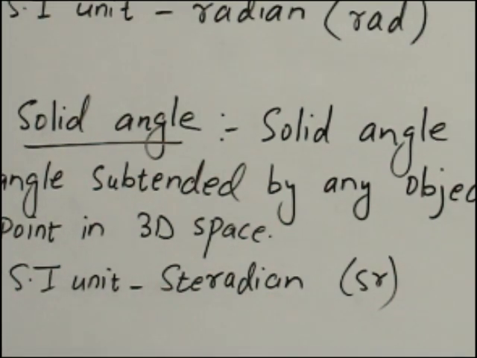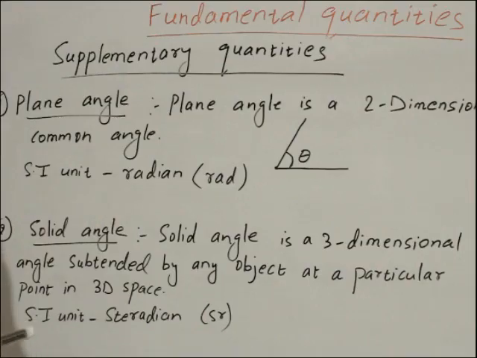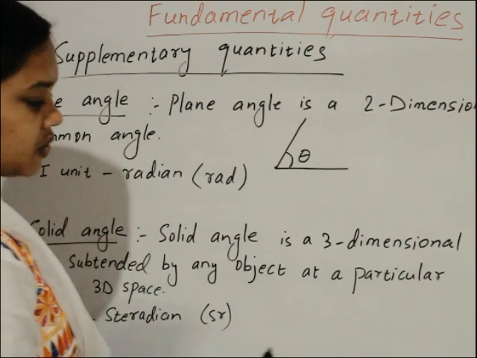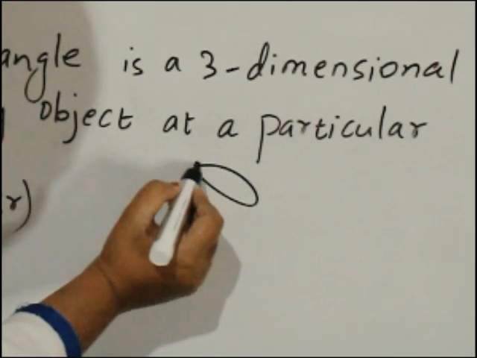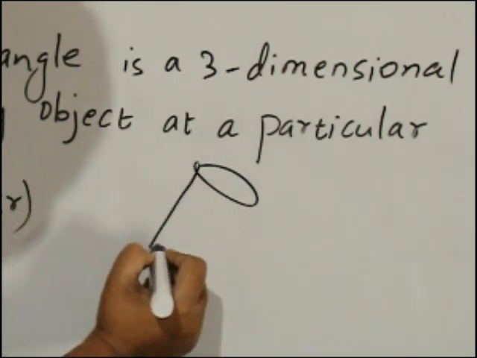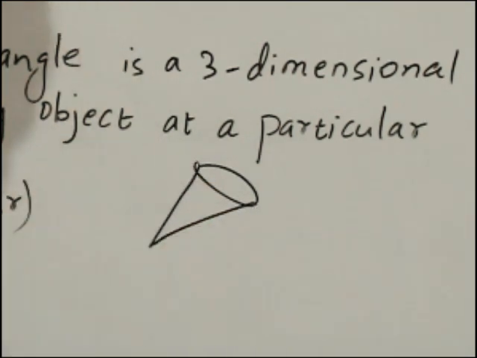Next is solid angle. Solid angle is a 3-dimensional angle. It's a 3-dimensional angle subtended by any object at a particular point in 3D space. Suppose you imagine a cone, a birthday cap.